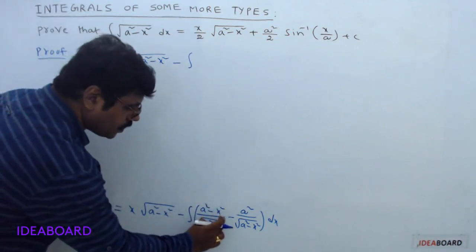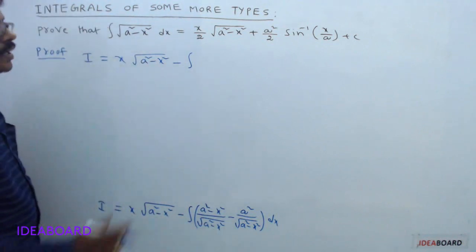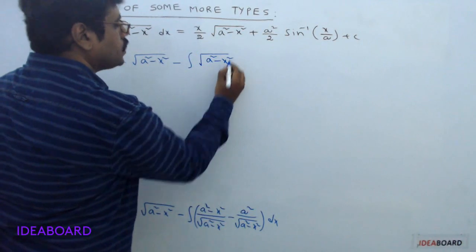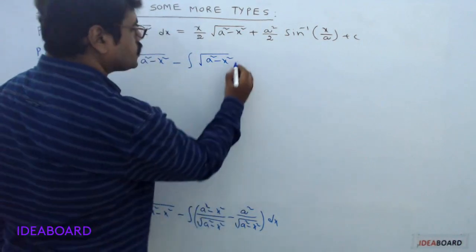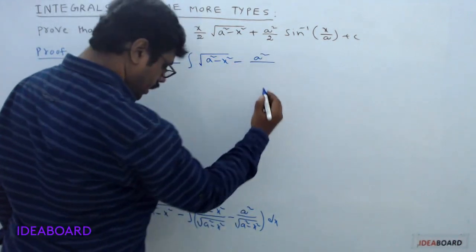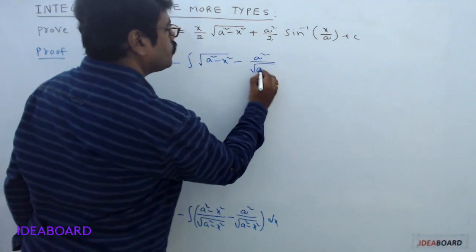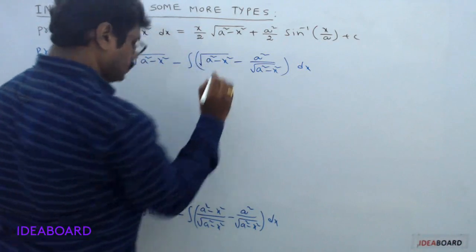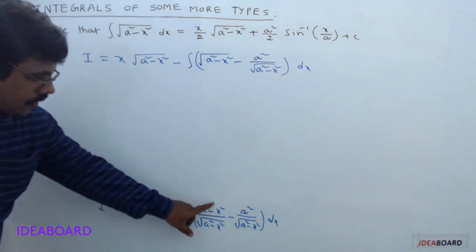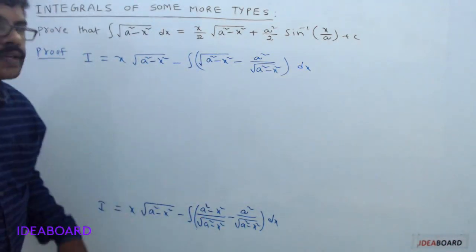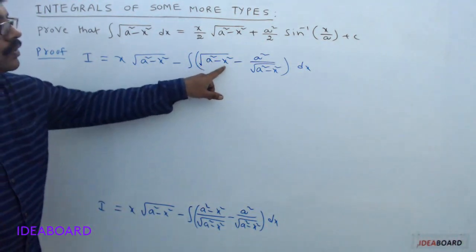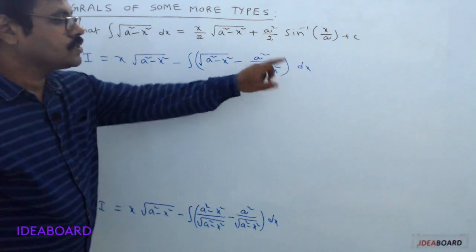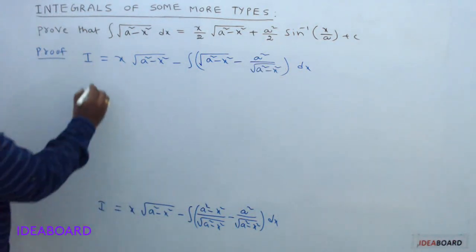A square minus x square divided by root of a square minus x square is square root of a square minus x square, minus a square divided by square root of a square minus x square dx.